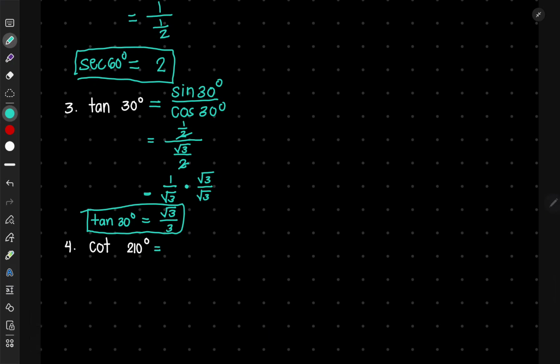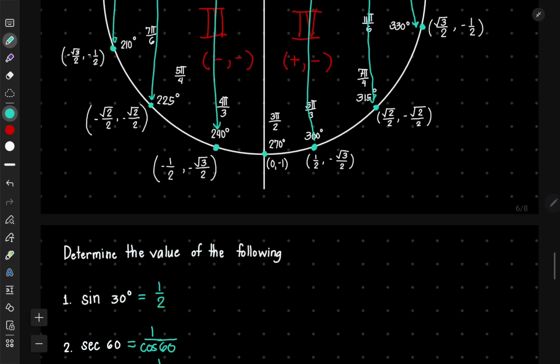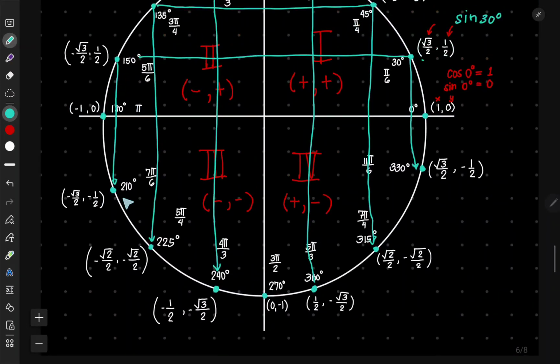Cotangent 210 degrees. So, we know that cotangent is cosine over sine. So, we have cosine 210 degrees all over sine 210 degrees. So, let's go to the unit circle. So, this is the 210 degrees. And this is the coordinate. We have negative square root of 3 over 2 and negative 1/2. So, getting the cotangent, that would be cosine over sine, or that is negative square root of 3 over 2 divided by negative 1/2.